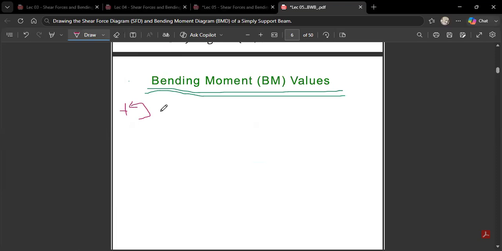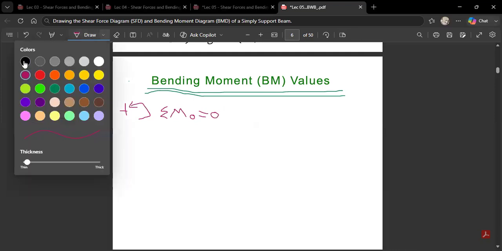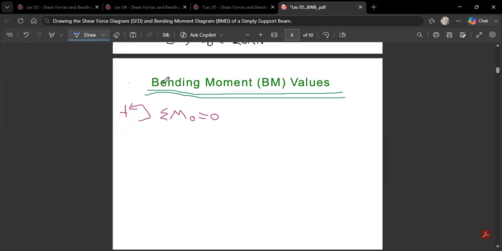That is, the sum of all moments about O, because O is our origin, is equal to 0. So from here, we're going to be using this diagram.